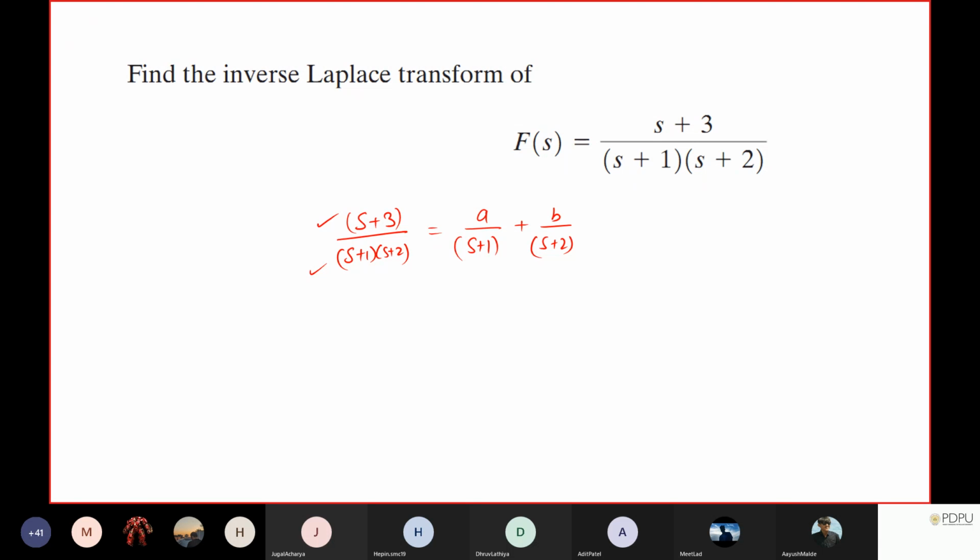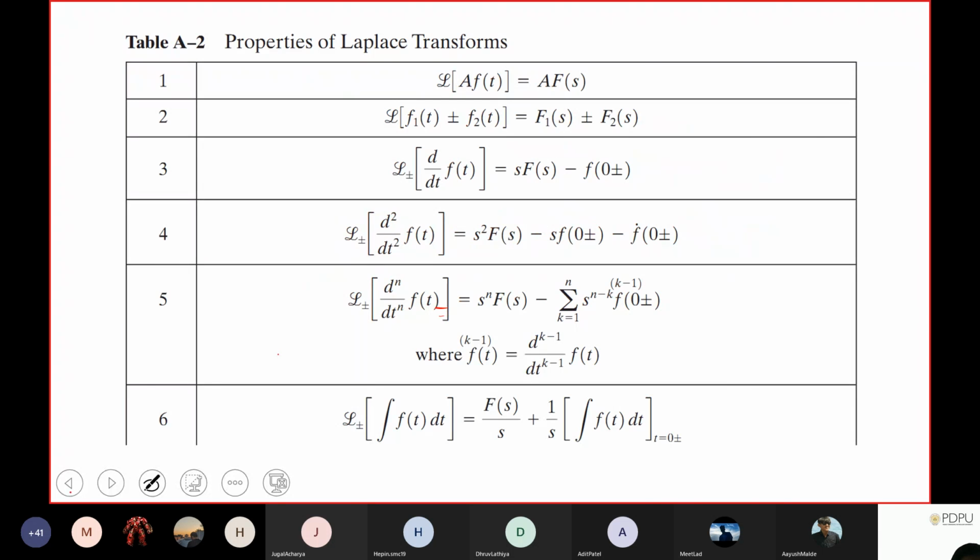Nothing to worry about. By equating the coefficients, I will estimate my a and b. I will take s plus 1 times s plus 2 as my LCM, and this would be a times s plus 2 plus b times s plus 1.